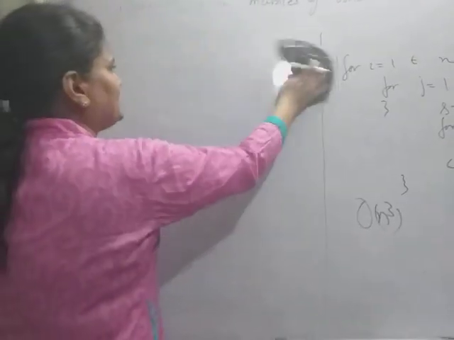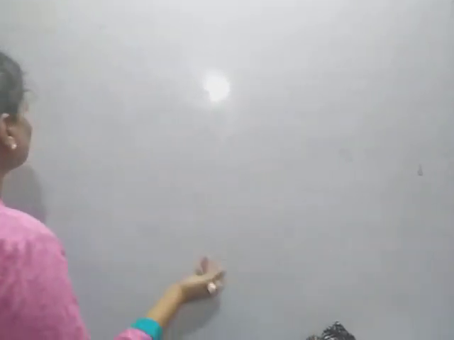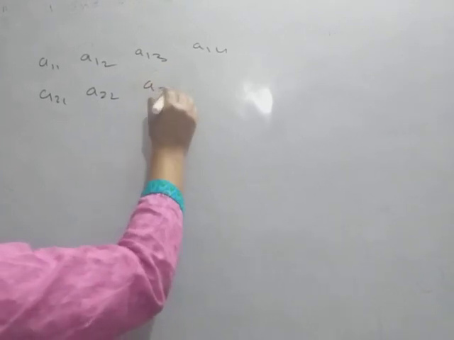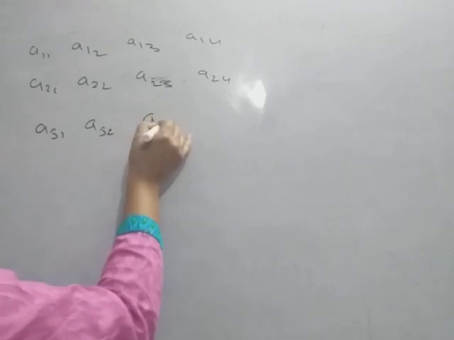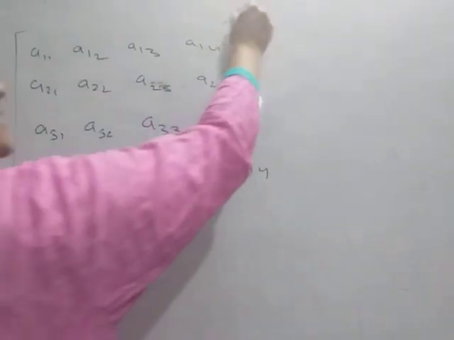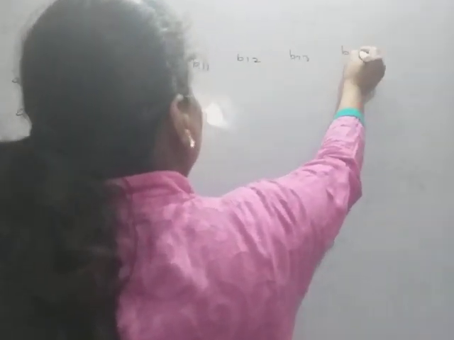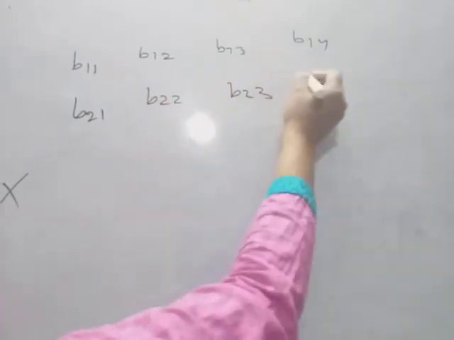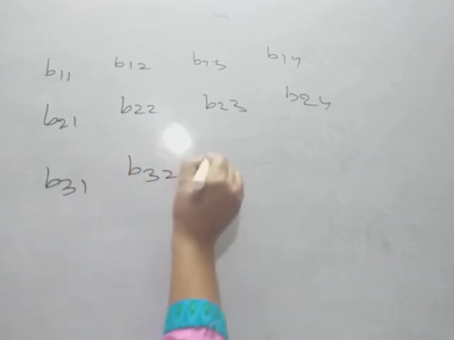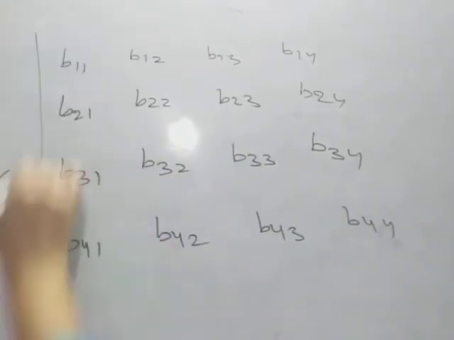The simple divide and conquer approach says that if A and B are two matrices of order n cross n, suppose I am taking matrices of 4 cross 4: A11, A12, A13, A14, A21, A22, A23, A24, A31, A32, A33, A34, A41, A42, A43, A44, and we have to multiply this matrix with B11, B12, B13, B14, B21, B22, B23, B24, B31, B32, B33, B34, B41, B42, B43, B44. Suppose these are A and B.